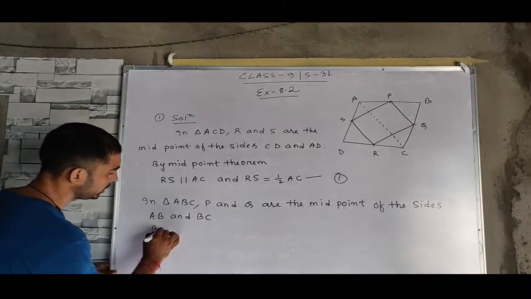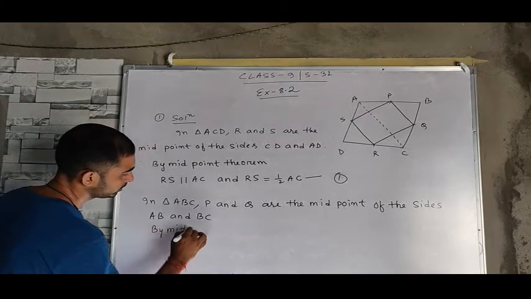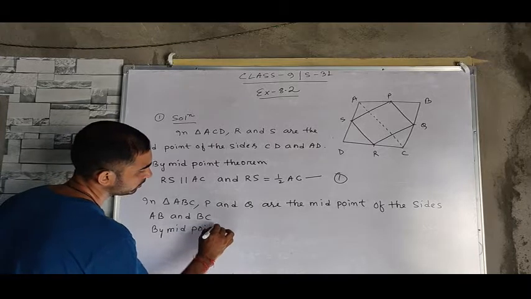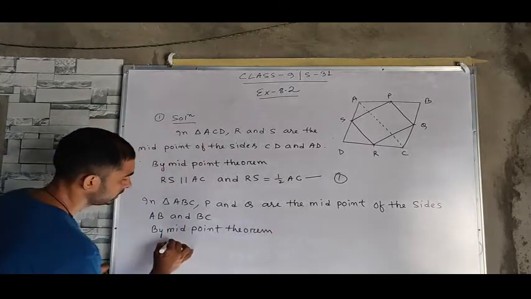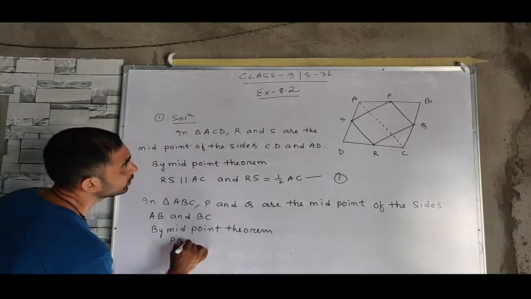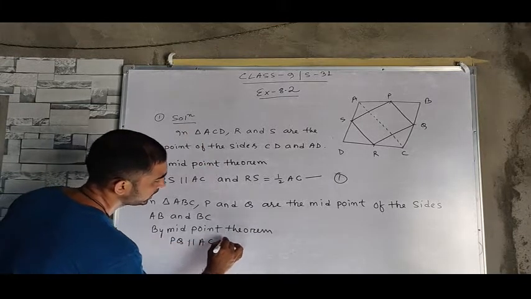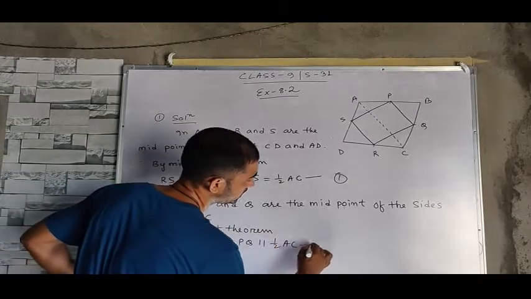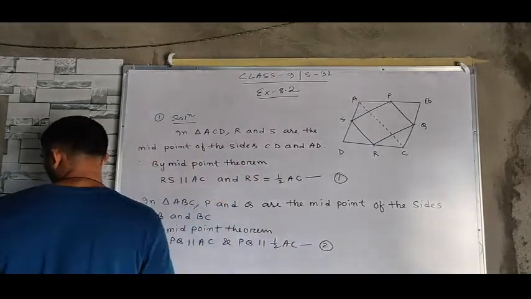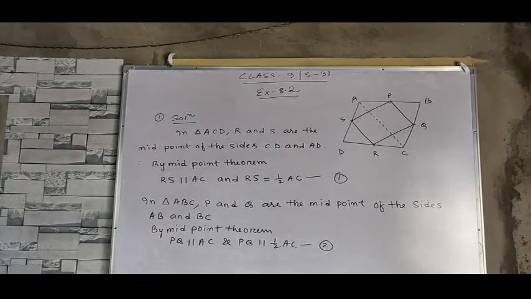Therefore, by the midpoint theorem, what do we have? PQ is parallel to AC and PQ is equal to half of AC. Same, question number 2.